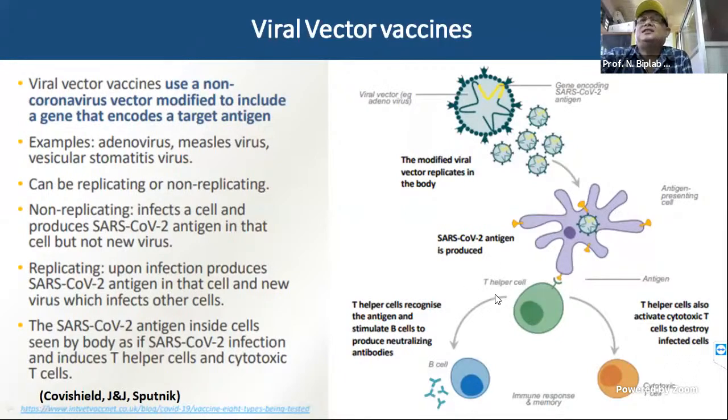These T helper cells recognize the antigen and stimulate the B cells to produce the neutralizing antibody. On the other hand, it also gives a signal to the T helper cells to activate cytotoxic T cells to destroy the infected cells.